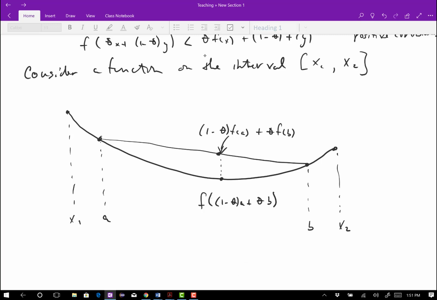So wherever I choose these points A and B to be, if I connect them by a straight line, then in between those two points, all of the points for the function must lie below it.